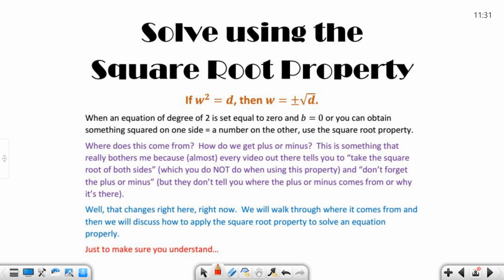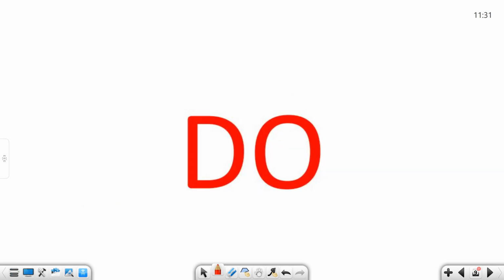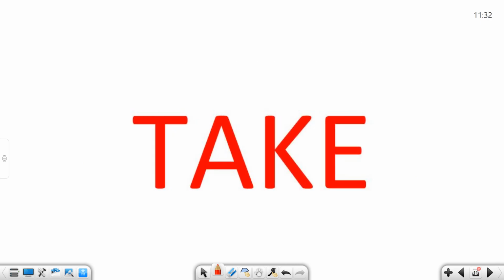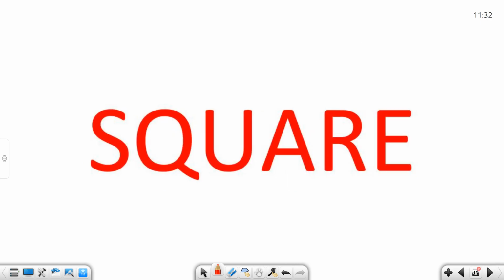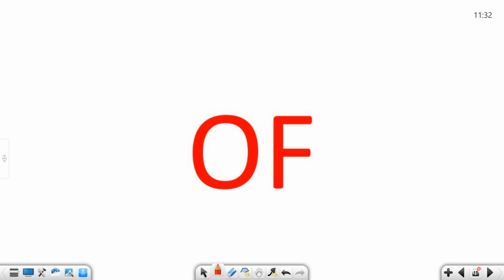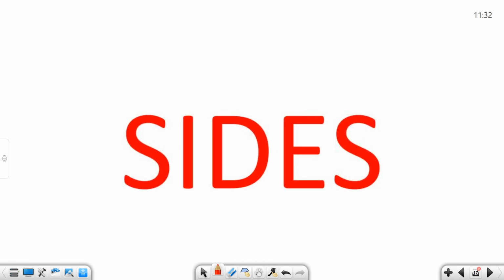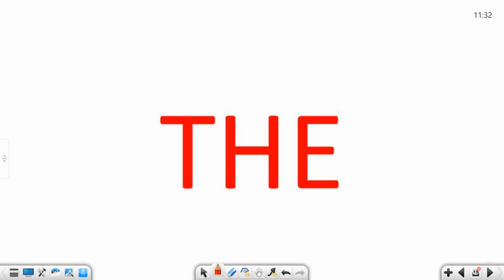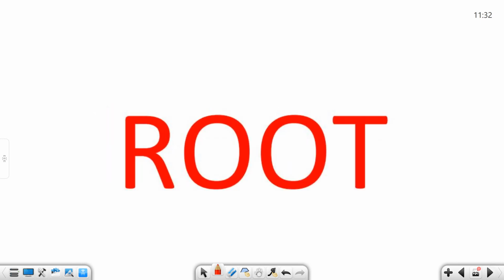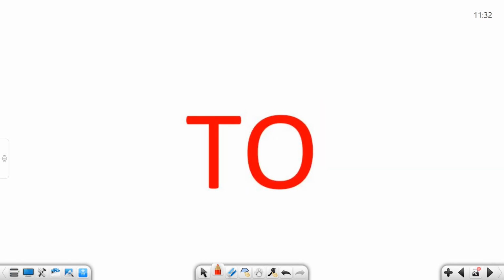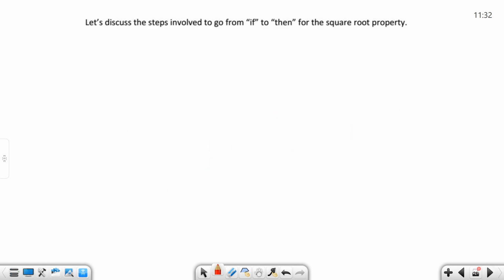Just make sure you understand. Do not take the square root of both sides when using the square root property to solve.